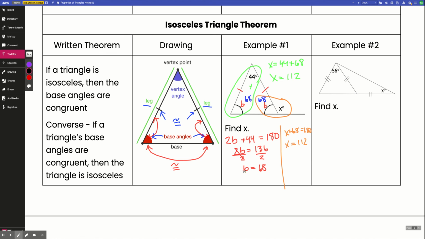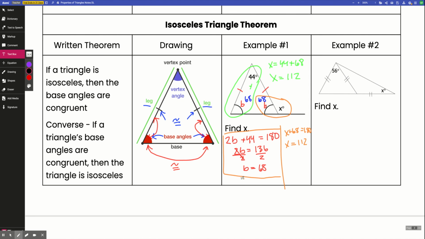But where we use the isosceles triangle idea and theorem is here in this first part, right? So if you are given the vertex angle and have to find the base angles, you always do 2 times the base angle plus the vertex angle equals 180. If you're trying to find the vertex angle and you're only given one base angle, you would still do 2 times the base angle plus the vertex angle that you don't know equals 180, okay?